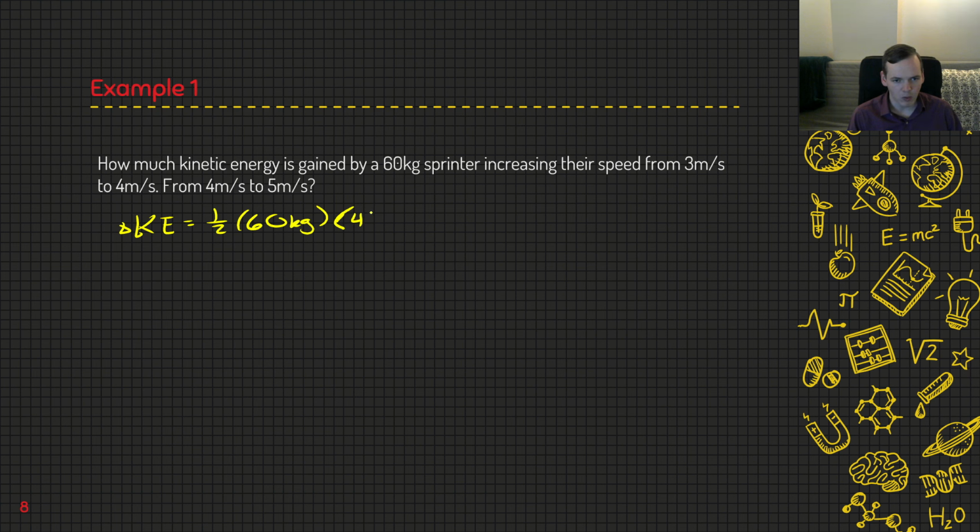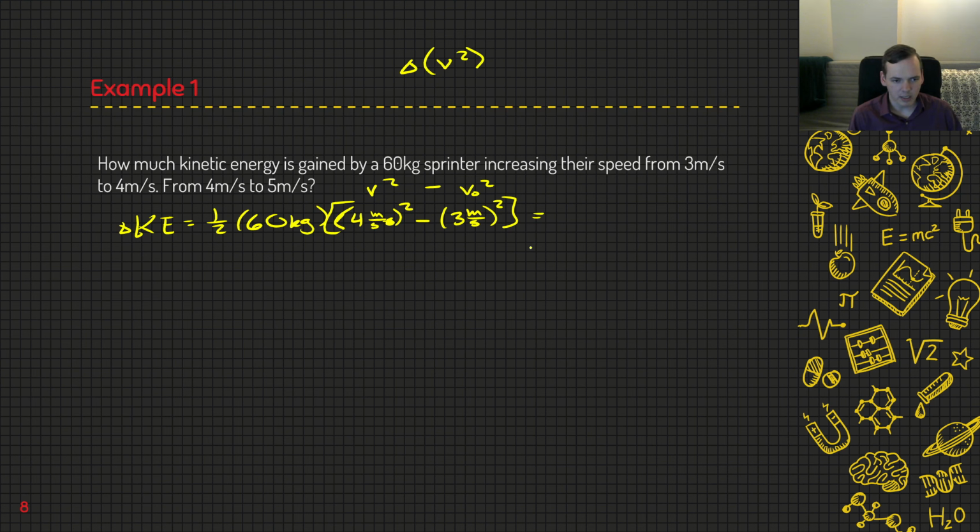So that's going to be 4 meters per second, quantity squared, minus 3 meters per second, quantity squared. Because again, remember, it's going to be final speed minus initial speed, and in both cases they're squared because originally we had delta of v squared. We are changing the v squared.